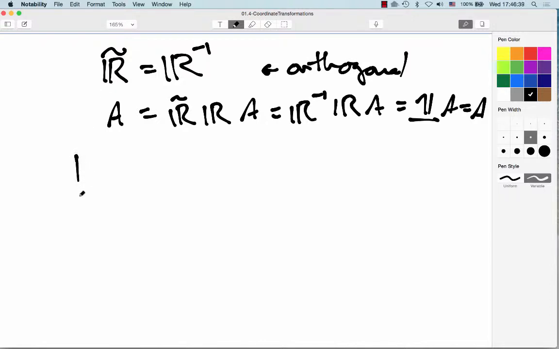So let's say, for instance, our first step here, so this is my original unprimed frame, x, y, z.